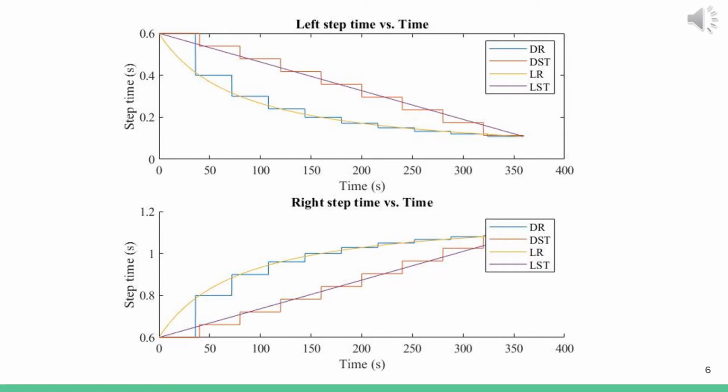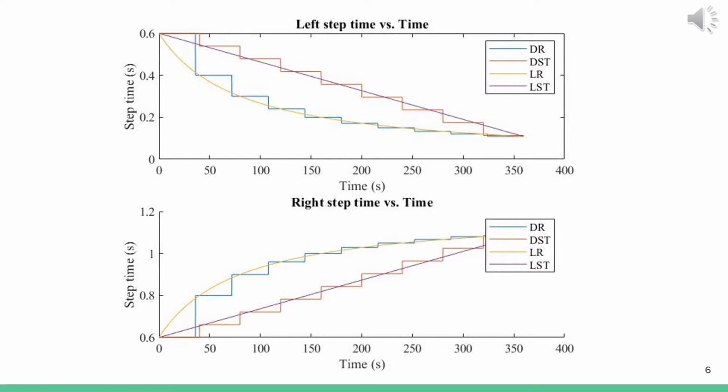Now these are two more graphs that expound on the table we saw two slides ago. And these measure time against step time. And you can see it's divided up into left step time and right step time. Again, we see discrete models have a stair-step pattern, whereas linear models are more of a straight line sort of model.